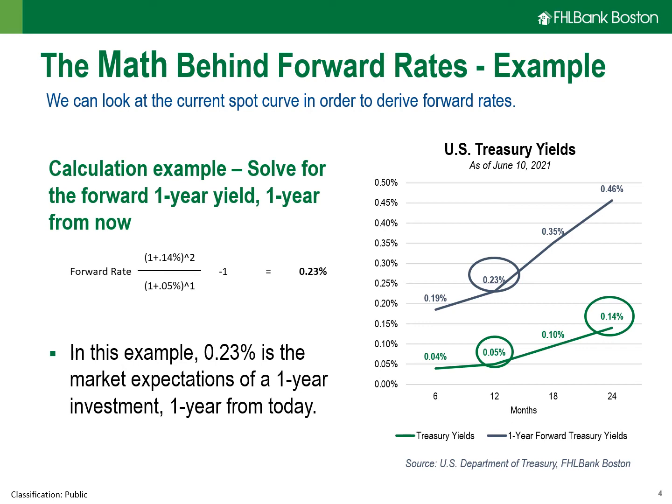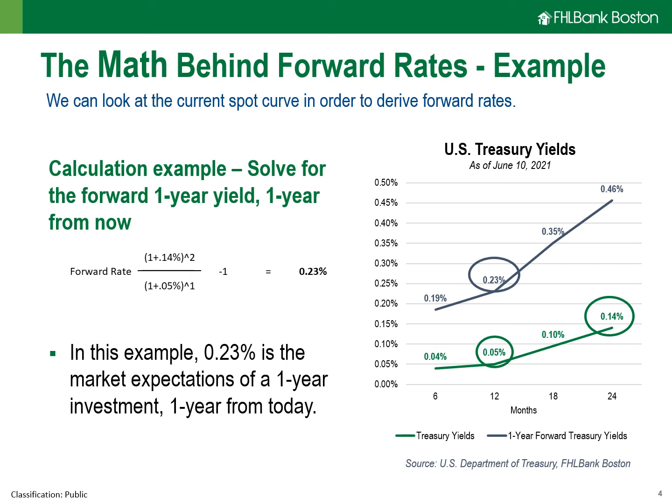So we're using the current spot yields to come up with the forward rates. You can see in the formula here, we're looking at the 2 year and the 1 year to determine what the price would be 1 year from now for a 1 year maturity.